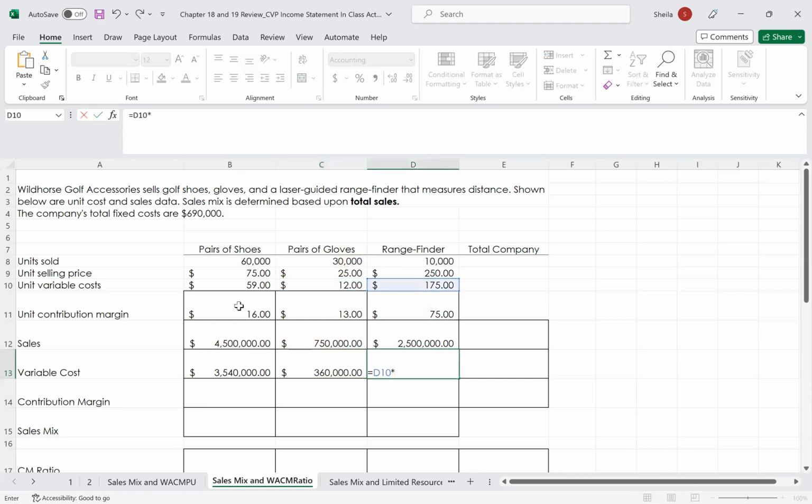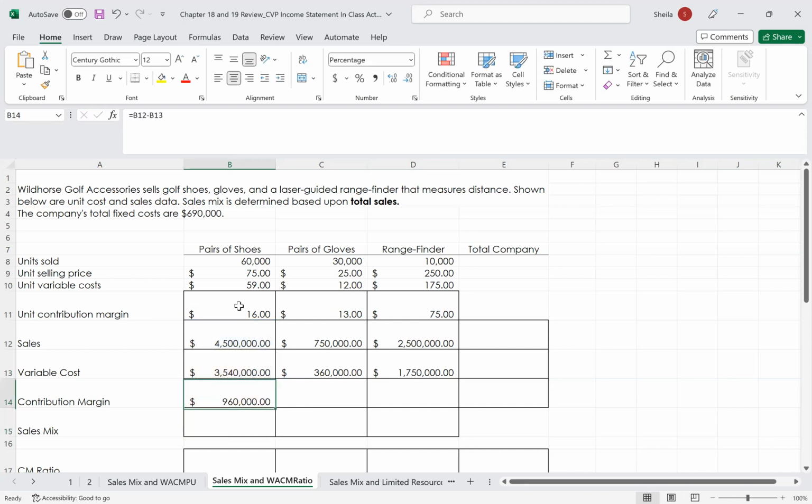And if you haven't worked in Excel much, this would be a good way to start getting acclimated with some of the formulas. All right, so now that I have these individual amounts, let's not forget about how do we calculate contribution margin. So I'm going to do it the quick way. Sales minus variable cost for each of these items.